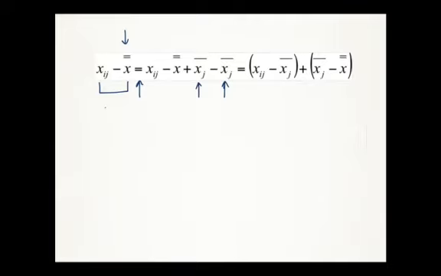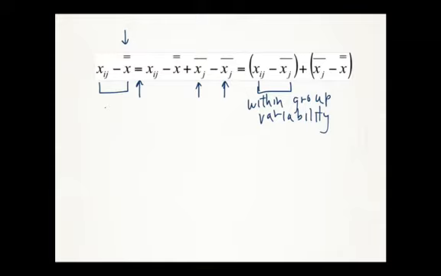And now, if I just rearrange the groupings and say, here's the distance between the actual ith person in the jth group, their observation, from the mean in the jth group. Well, what do we call that? That is called the within group variability. Right?